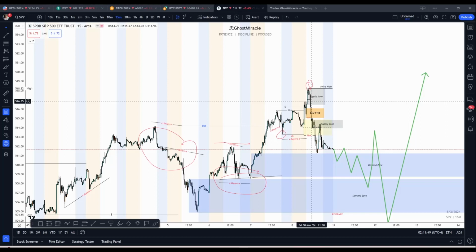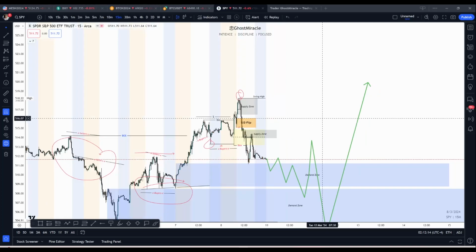And if you have already double confirmation to the downside, and you're only waiting for price to tap into something to push it back up, I would look for double confirmation to go back to the upside, if that makes sense.